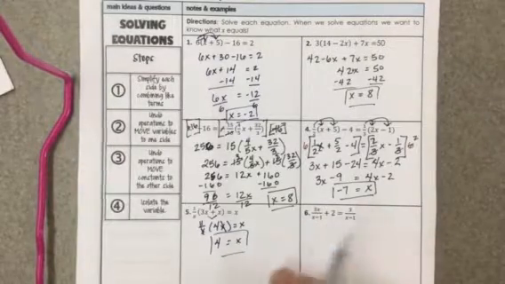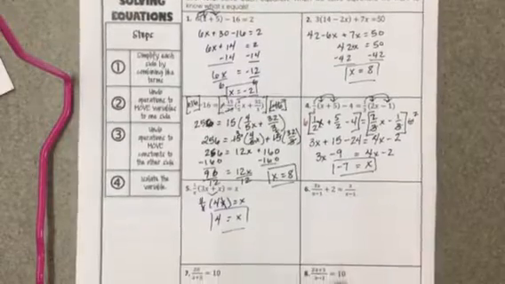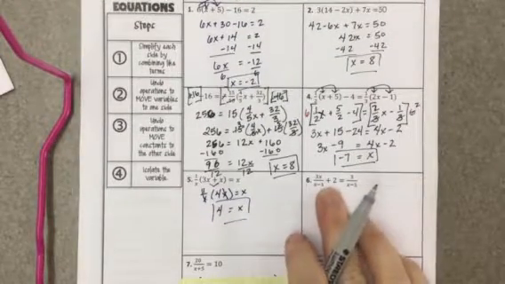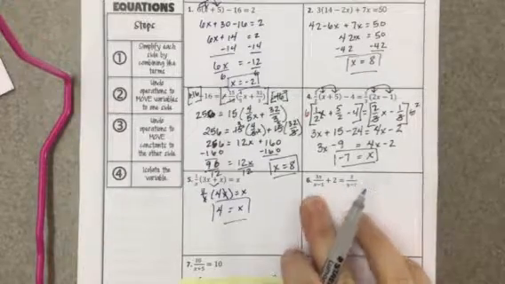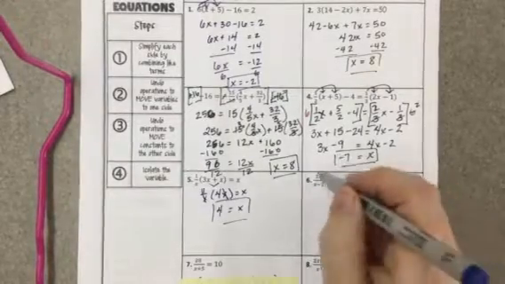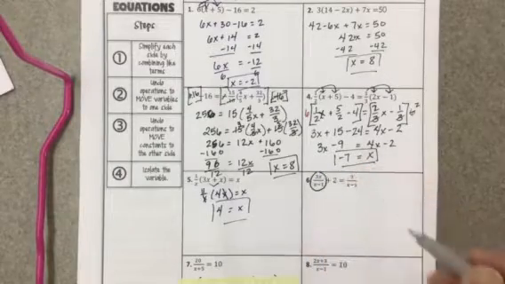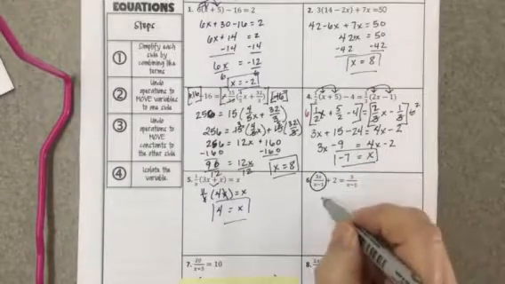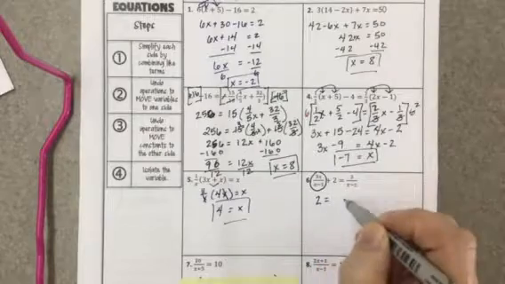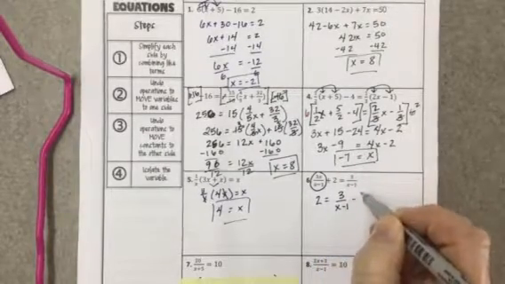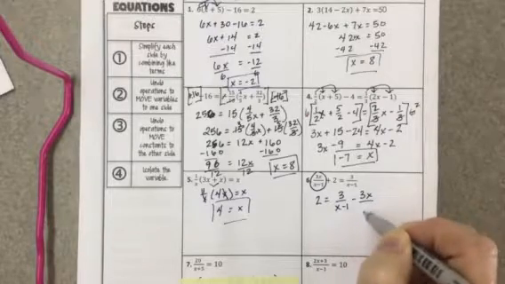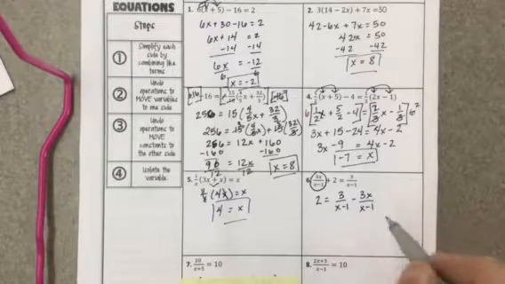For number 6, again, there's a couple of ways we could do this. I could come up with a common denominator, or I can go ahead and subtract this entire term on the left. Let's go ahead and do that. So then I'm left with 2 is equal to 3 over x minus 1 minus 3x over x minus 1.